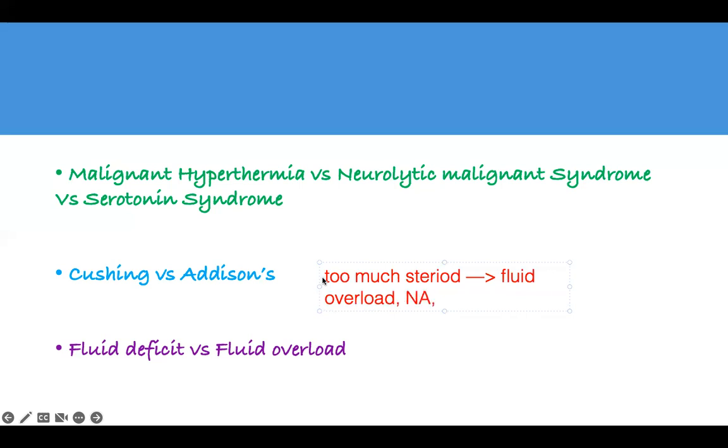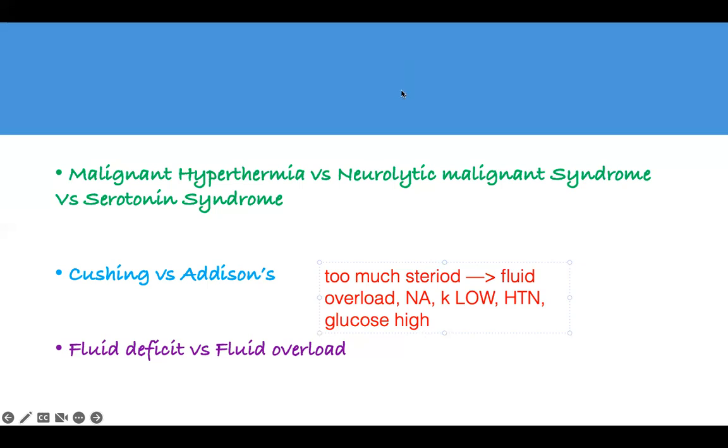Most fluid overload is associated with sodium high, potassium low, right? And then hypertension. Their glucose is high. So glucose is high for Cushing. Now, if they ask me Addison, I just take it as the opposite. So study it bi-directionally. Addison: less steroid, fluid deficit, sodium is low, potassium is high, they are hypotensive, and their glucose is low.